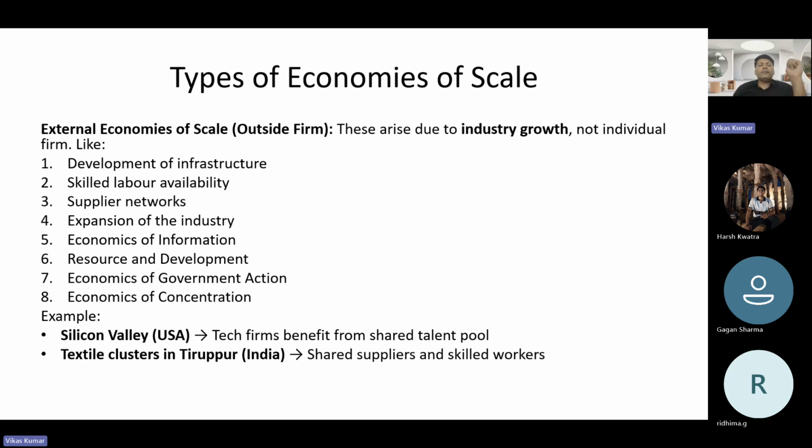Second is skilled labor availability. There are some clusters in India, like Surat for the diamond market and the textile business.